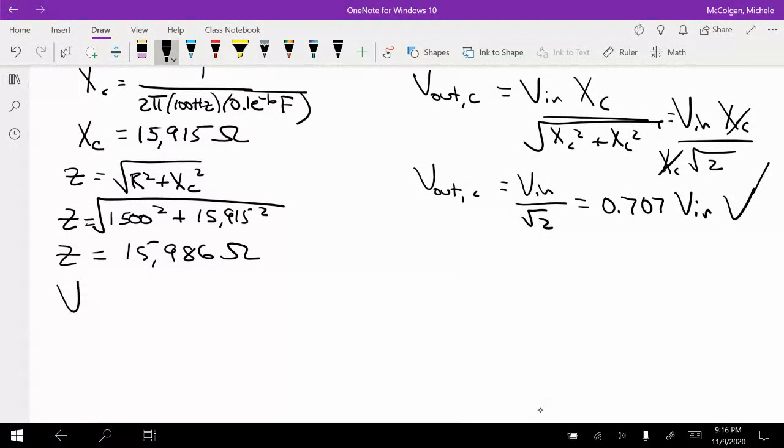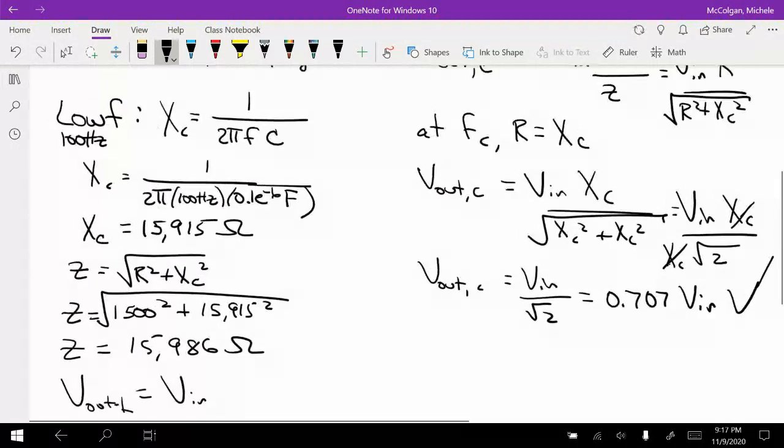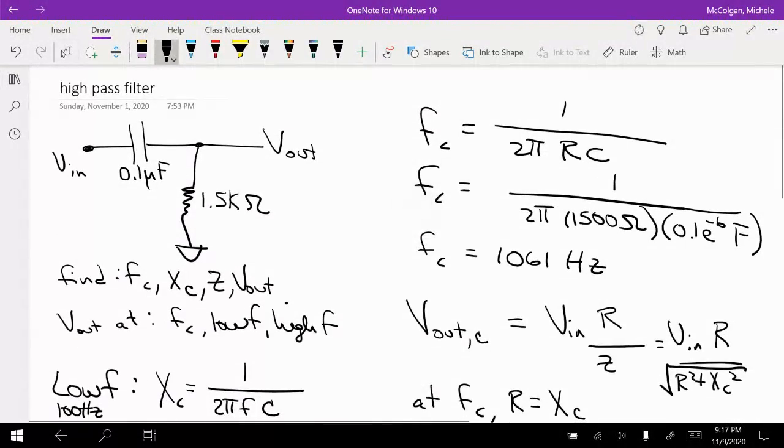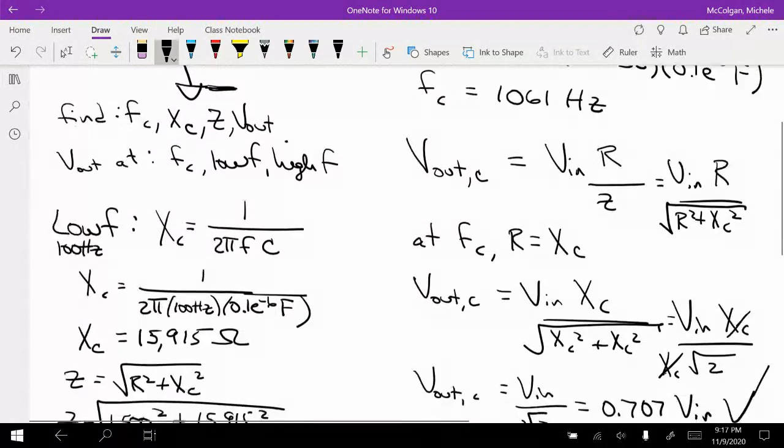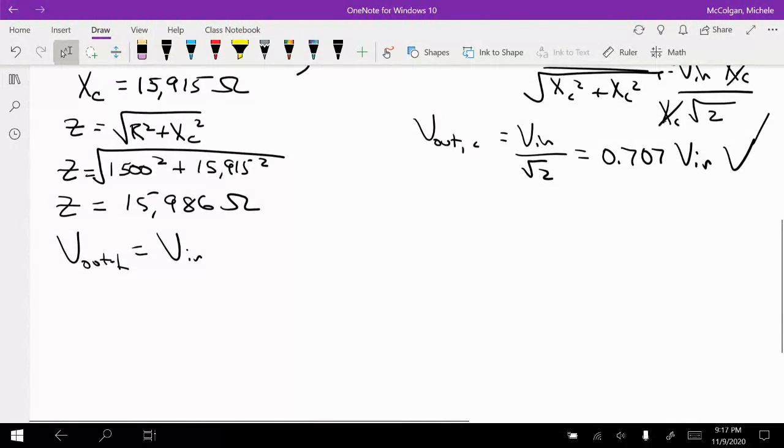And so V out low is equal to V in, and now I'm measuring across my resistor. So I'm measuring from here to ground. So this is my V out, in between the two components, and I'm measuring the output with respect to ground, which is just the voltage across that resistor.